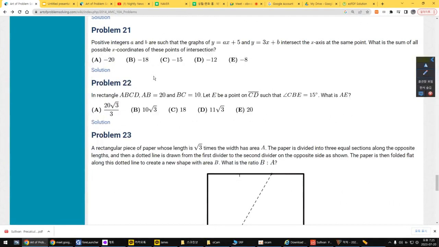For number 21, these two lines have the same x-intercept, so we can make these two equal to 0. So let's say ax plus 5 is equal to 3x plus b, and they are both 0 at the x-intercept.